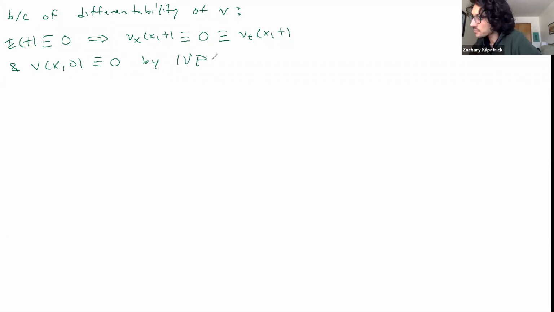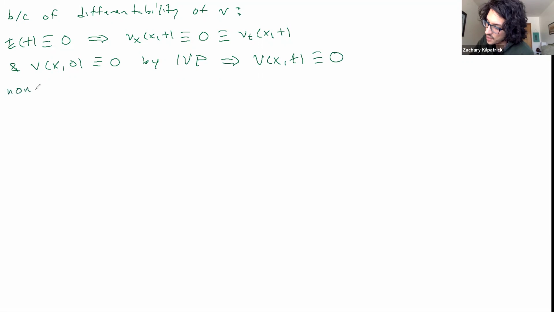And so then the only possibility is that v of x, t is equal to 0 everywhere.